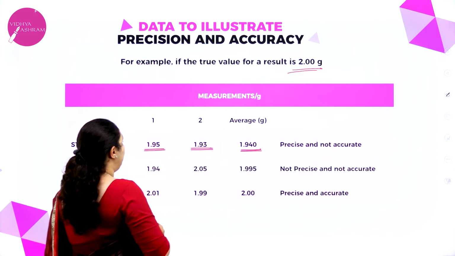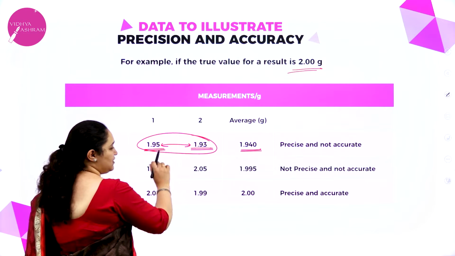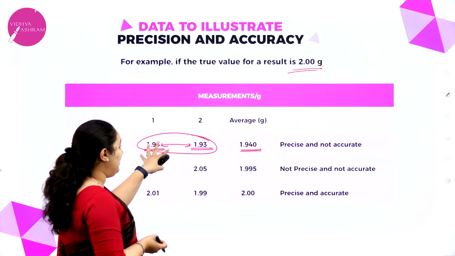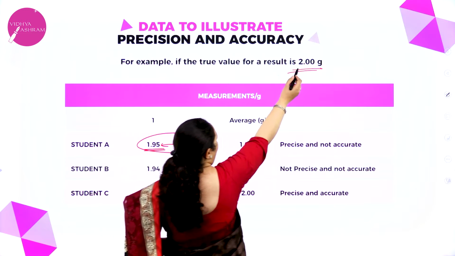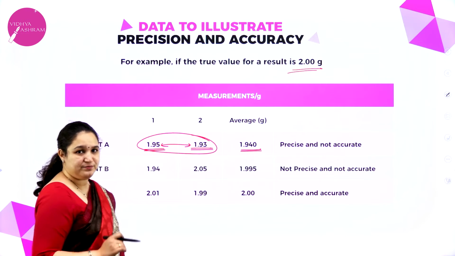These two values are very close to one another, just 0.02 difference is there, correct, no? So they are very precise, but it is not accurate because it is far off from the true value. It is not close to the true value, correct?